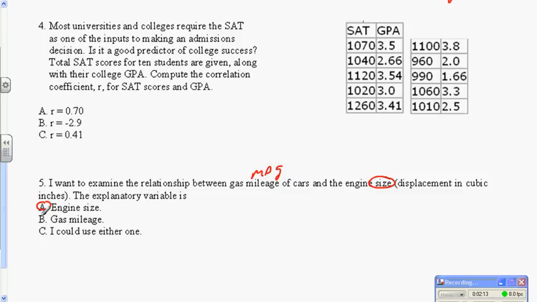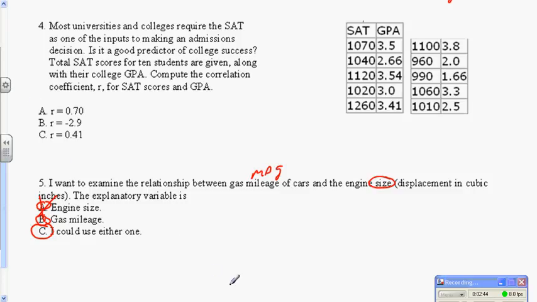But one can also argue that if I have higher gas mileage, I probably have a smaller engine, and vice versa. So because they are both potentially causational, if you go out to buy a car and look for high gas mileage, that will decide what engine size you get. If you look for a car and want an engine size, then that's going to dictate your gas mileage. So again, they could be interchanged, and because of that, C is the right answer.